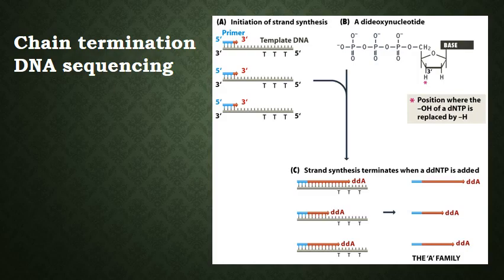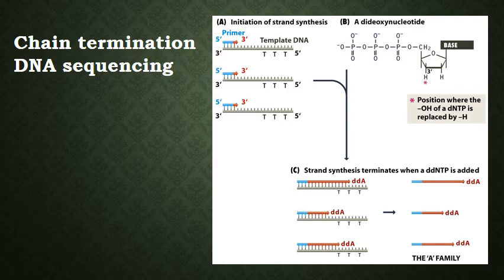Because the normal deoxynucleotides are also present in larger amounts than the dideoxynucleotides, the strand synthesis does not always terminate close to the primer. In fact, several hundred nucleotides may be polymerized before a dideoxynucleotide is eventually incorporated.